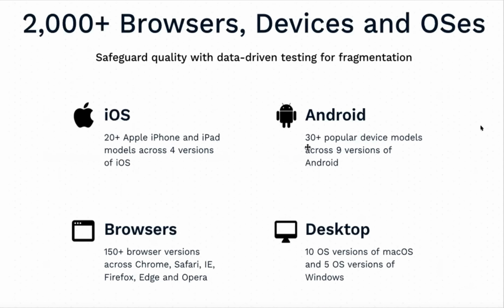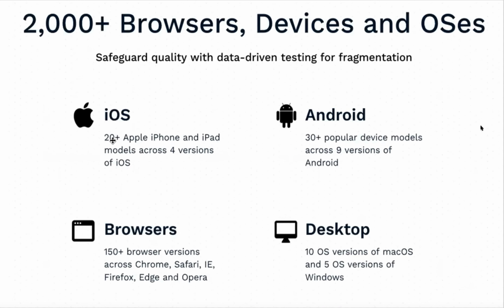So we don't have to buy 90 devices. With only one license you will have access to 30 plus Android devices across 9 versions of Android. Even if you have 30 devices, to install 9 versions you need 9 different iterations, right? But here you directly select the version and start testing. So how easy it is.